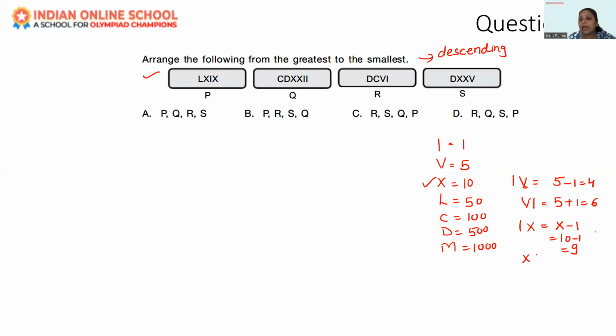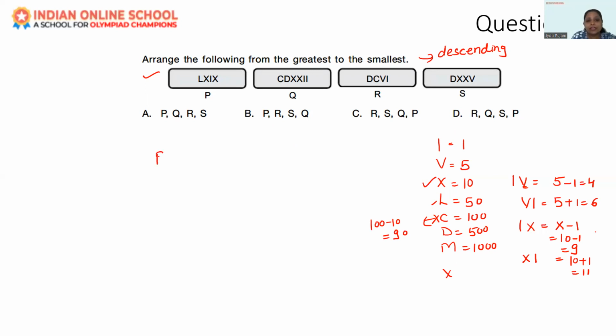If I put I on the right hand side of X, it means I'm adding, so 10 plus 1 is 11. With L and C, we can subtract X. In C, we can also subtract X. If I write XC, it becomes 100 minus 10, that's 90. This is just a little basic concept. Okay, so let's start now.